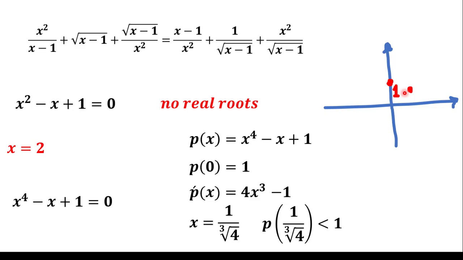The second derivative of p of x equals 12x squared. The root of this expression is 0. But as you know, 12x squared is always greater than 0, so we can say p of x always is concave up.